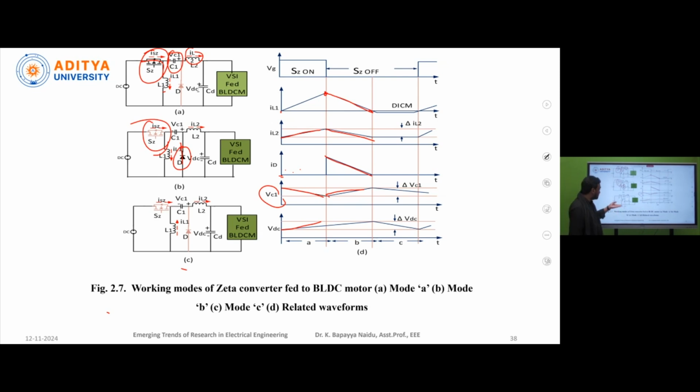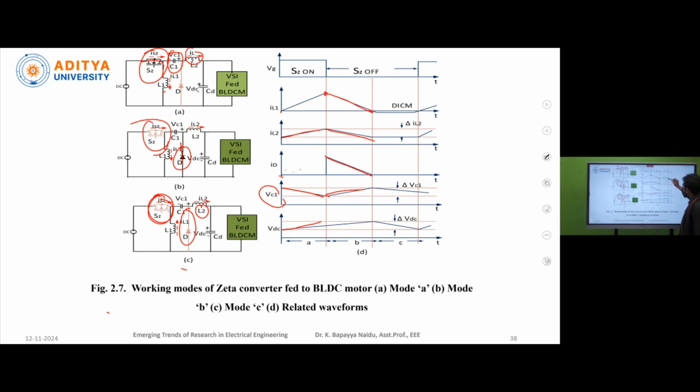Now in mode C, SZ is still in off state, and at the instant of the off state of SZ, it comes to reverse bias. That means again VC1 gets discharged, starts to discharge, and L2 starts charging.